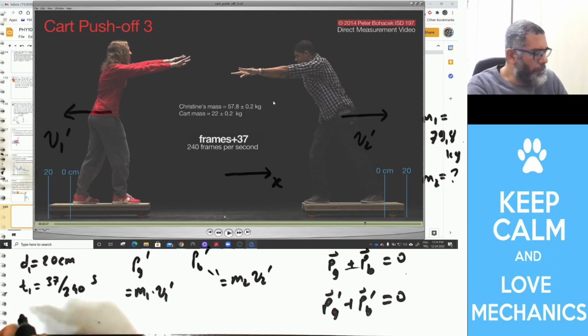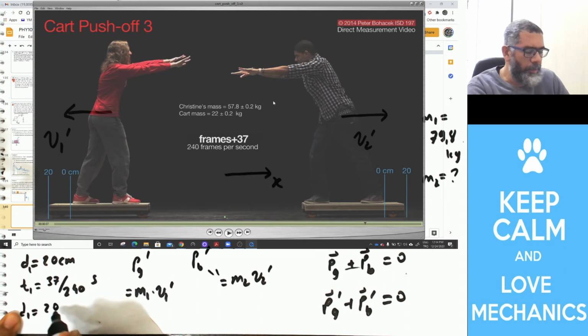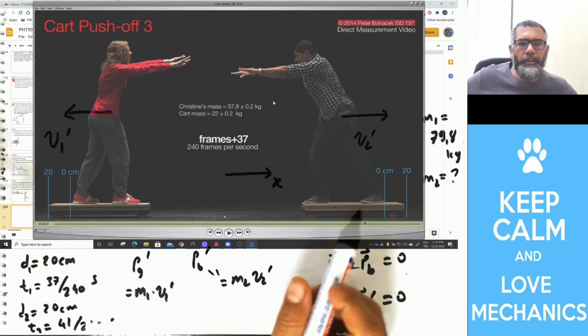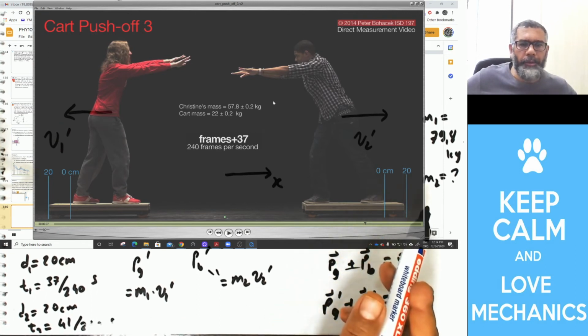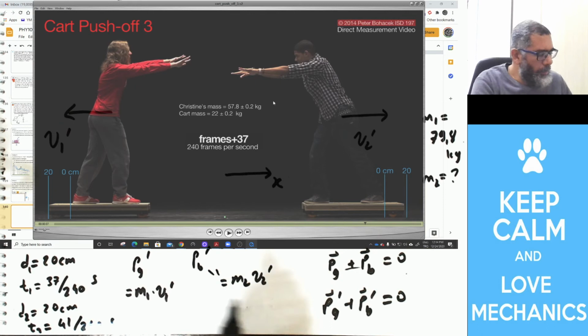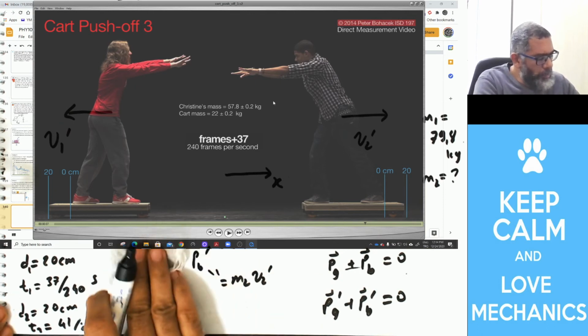And for the boy, the distance is the same, 20 centimeters, but for the boy t2 is 41 divided by 240 seconds. The boy takes the same distance in a longer time. So from these four pieces of information, you will be able to find what v1 prime is.